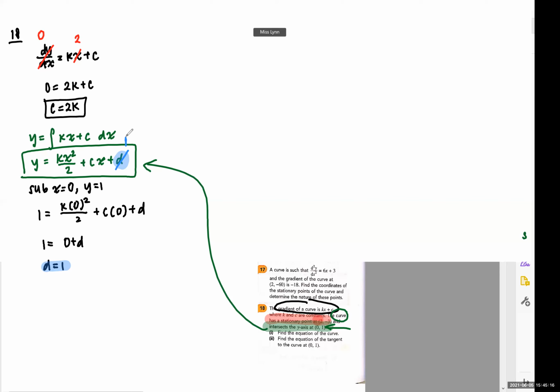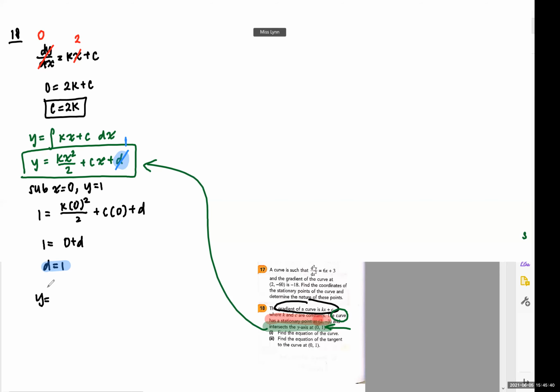Okay, so right now let's continue. What else do they say? They say, hey, find the equation of the curve. Okay, we're going to have a little bit of trouble here because to find the equation of the curve, do you realize that I still have a few unknowns? Right now, guys, what is my equation of my curve? So let's write down first. I have y is equal to k.